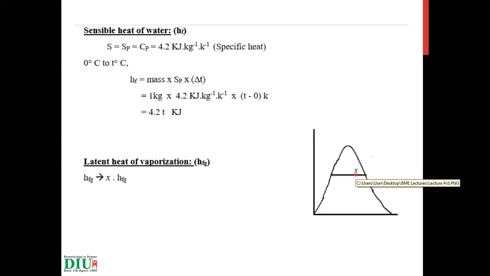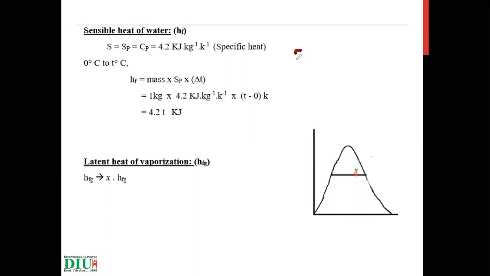So first, what is sensible heat? We all know this equation from secondary or higher secondary: Q equals m s del T.